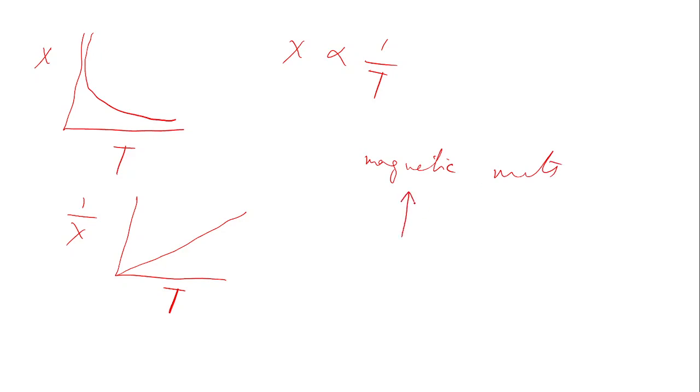We usually represent them using these arrows. So these are the magnetic moments, magnetic dipole moments, or sometimes we just call them moments. And when we apply a magnetization field to that material, these magnetic moments which are associated with the electrons.